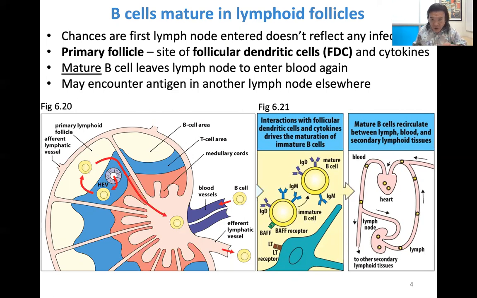When they get into the lymph node, remember, they are rewarded for their good work. So the naive B cell that's still immature enters through the blood.